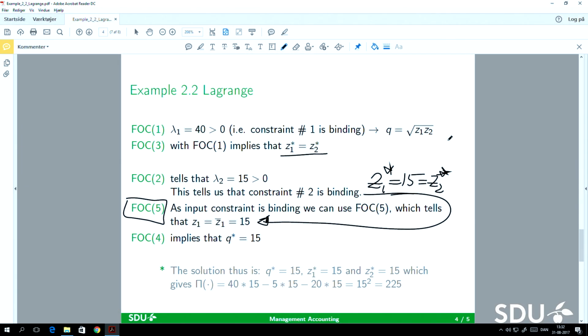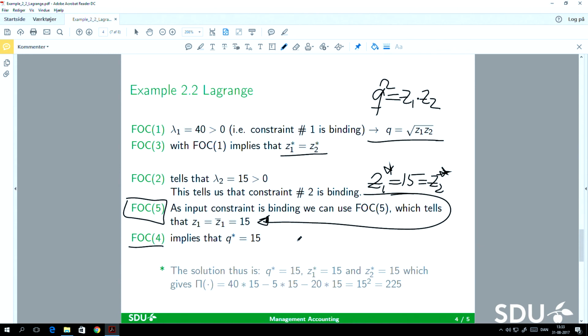And finally, we're going to use our knowledge that the output constraint is binding, that the quantity equals exactly the square root of our inputs multiplied together, or in other words, that Q squared equals C1 times C2. Well, that's exactly what our fourth first order condition tells us.